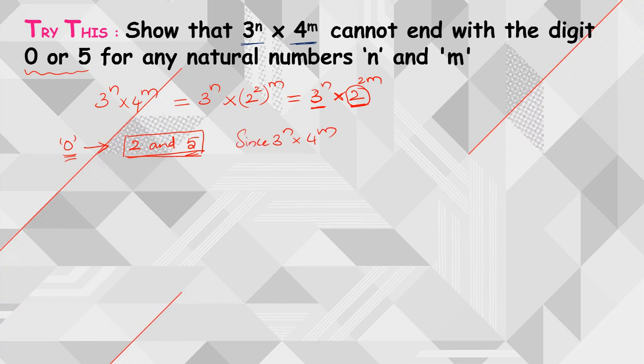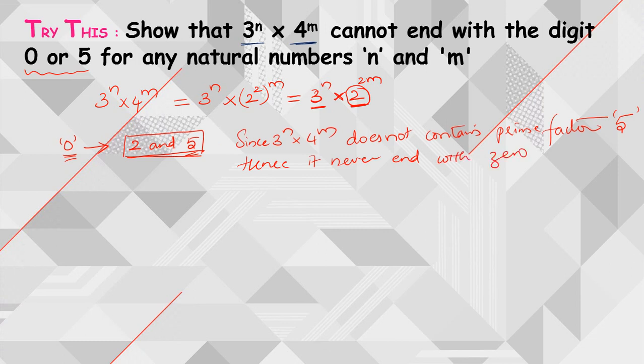Since 3 power n into 4 power m does not contain the prime factor 5, it never ends with 0. A related problem we have already discussed previously.